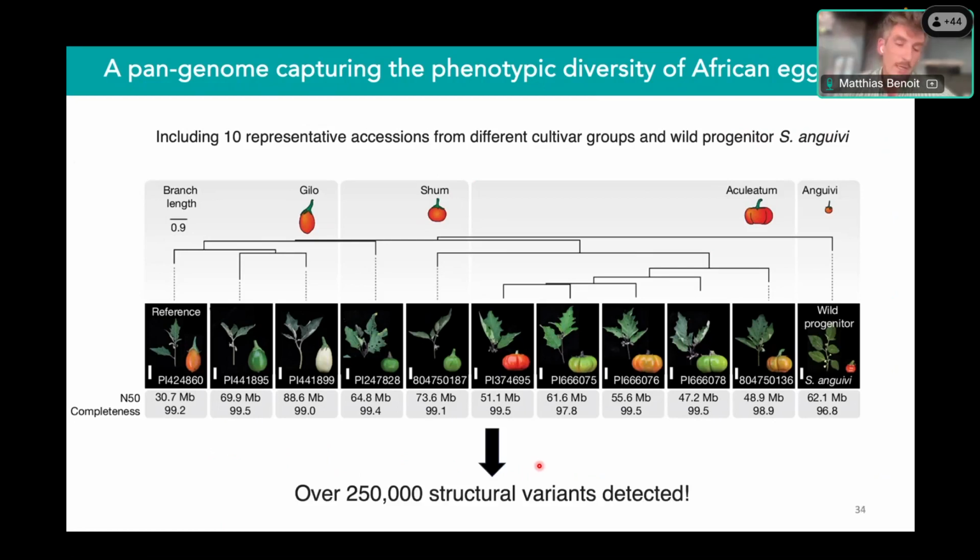It wasn't so surprising. We detected, of course, a large number of structural variants between those accessions, close to 250,000, which is surprisingly similar to what we detected in our pan-genome of tomato. So it really seems that the two species show very similar genomic diversity.